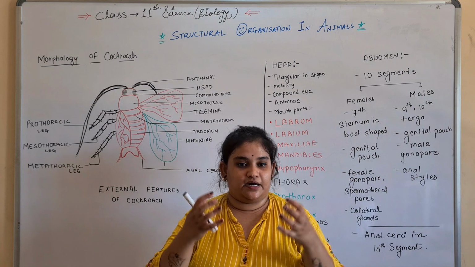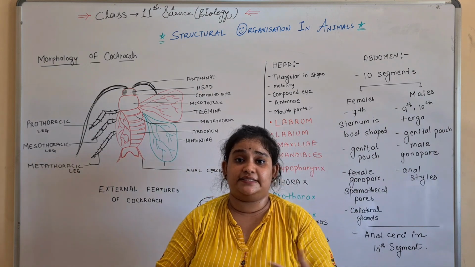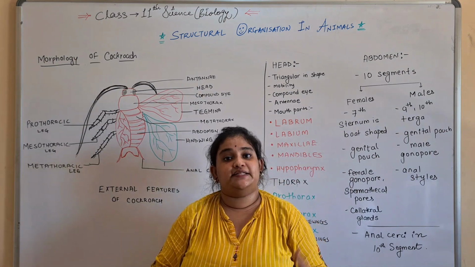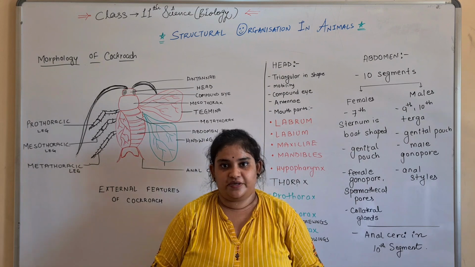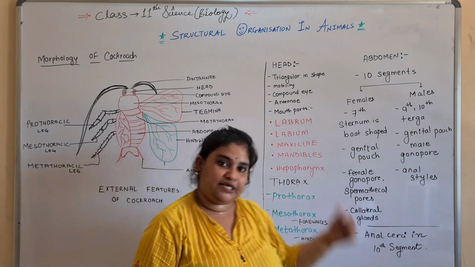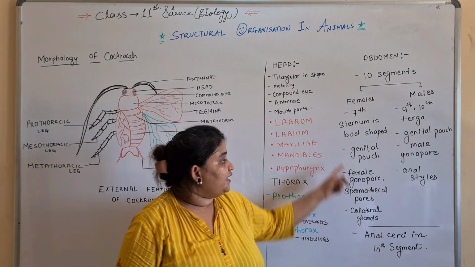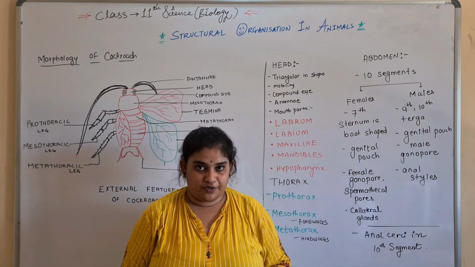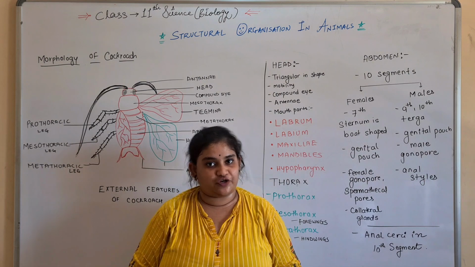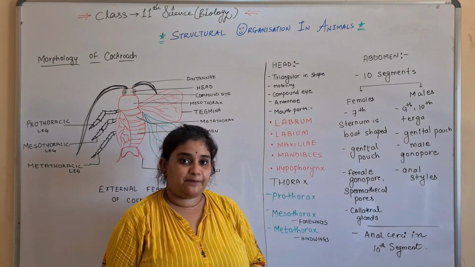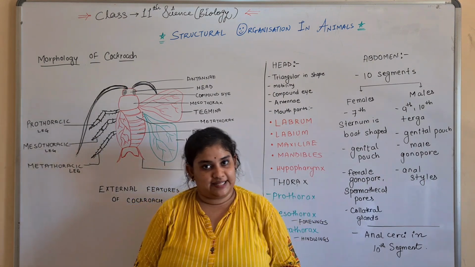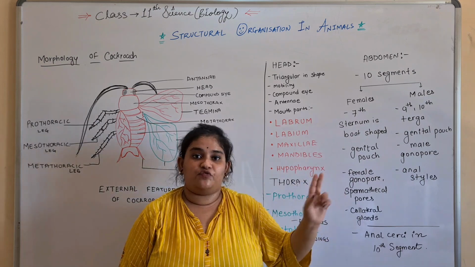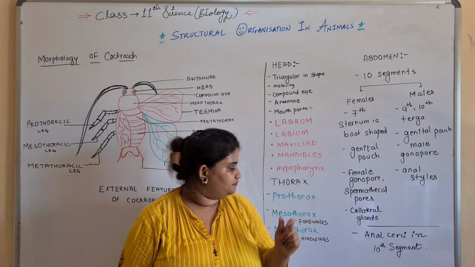Because it is important in childbirth and in conceiving of the baby it is useful, right? So similarly here also. Secondly, there is a genital pouch present over here. Female gonopore, right? That is the sex organs of the cockroach. Spermathecal pores and the collaterial glands. Their function we will be studying in the later class.